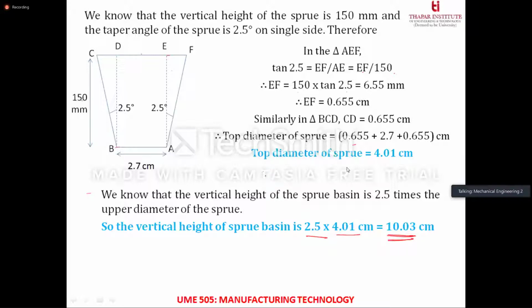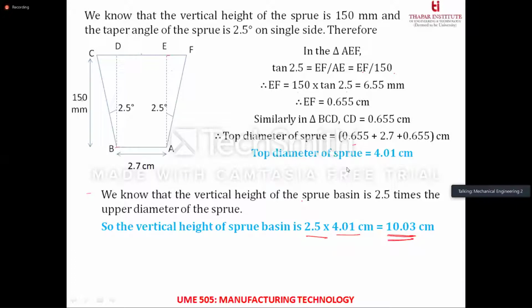So this is all about the gating design. You have to understand one basic principle over here. Not one, but 2 or 3 important points basically you have to remember. The first point is that if you don't have any given individual cross section, don't go for a rectangular or a triangular or any other cross section, go for a circular cross section of the gate.